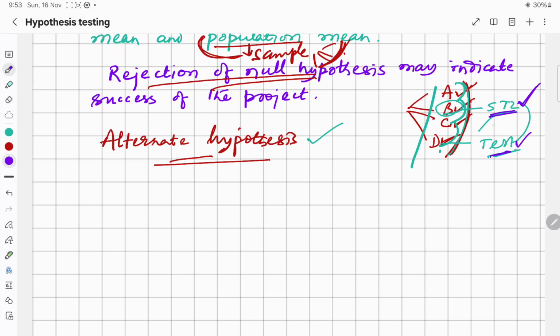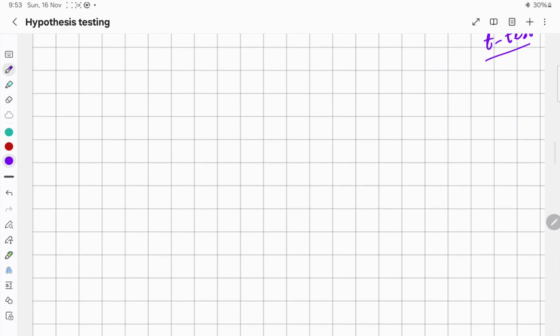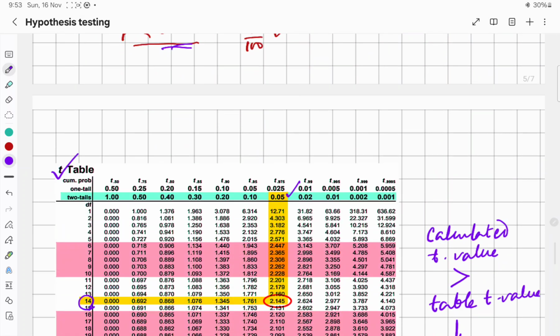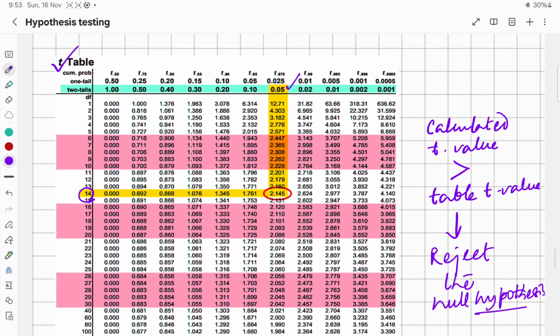We will apply the t-test, and from the data we will calculate the t value. So we will have a calculated t value, and the number of animals taken in the two groups, say 6.